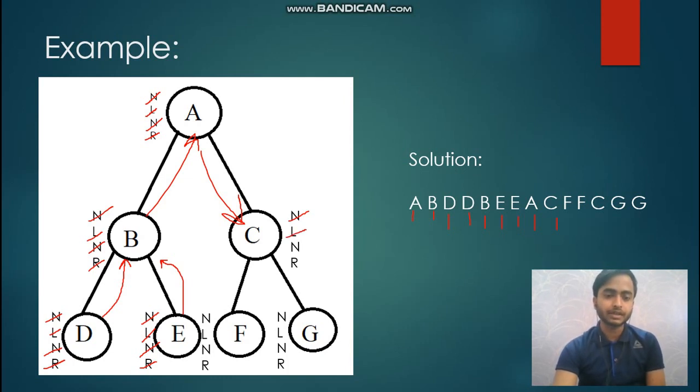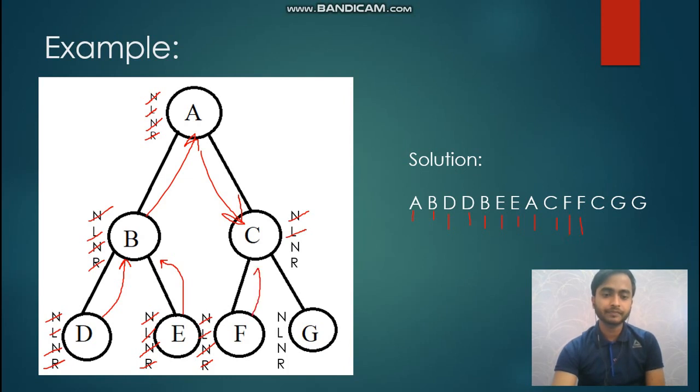We come to F, again applying the algorithm. First step is N, print F. Second step is L, to traverse the left subtree. Since it has no left subtree, ignore it. Third step is N, print F. Last step is R, to traverse the right subtree. No right subtree, so again ignore it.